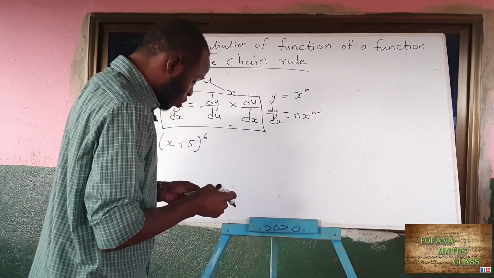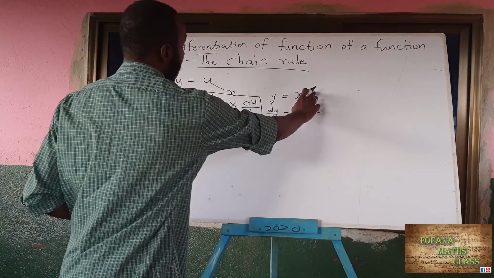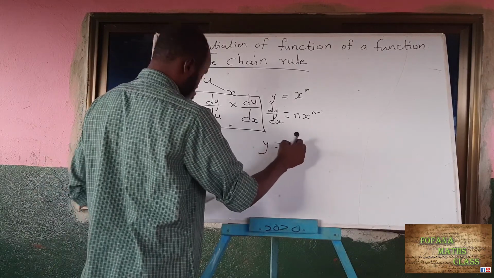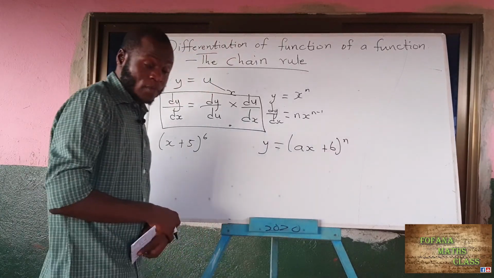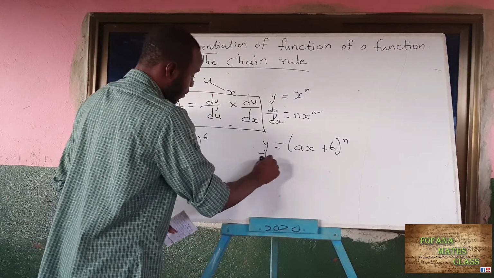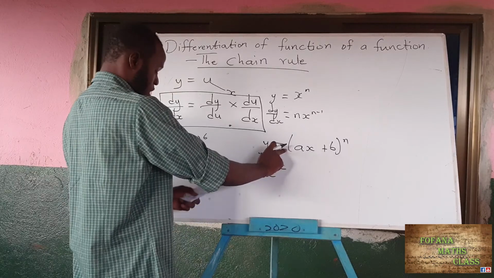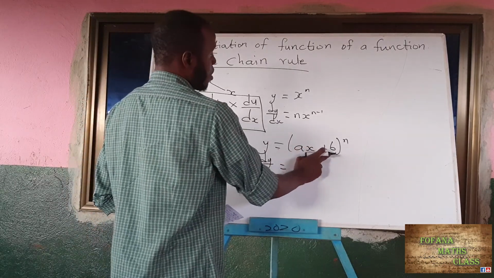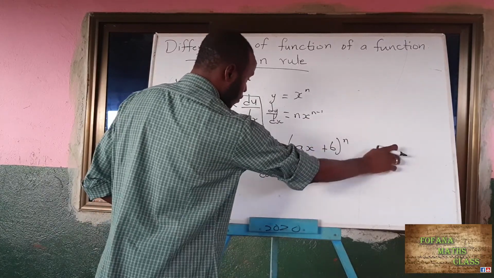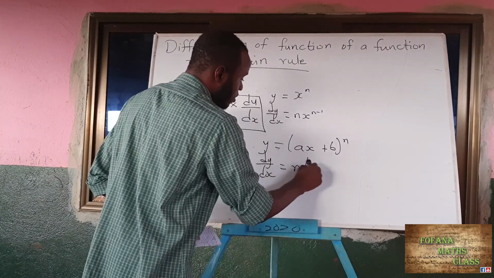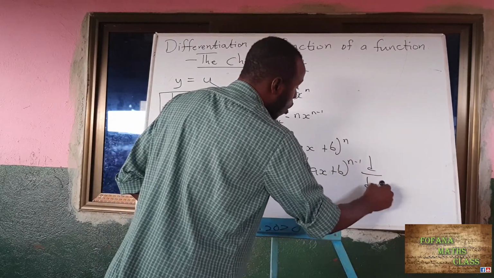With the chain rule too, if you have y equal to (ax + b) to the power n, the dy/dx, or the differential coefficient, will be n times the bracket to the power n minus 1, times the derivative of the one in the bracket itself, which is a. The n comes down to multiply, you subtract 1 from the power, then multiply by the derivative of the bracket.